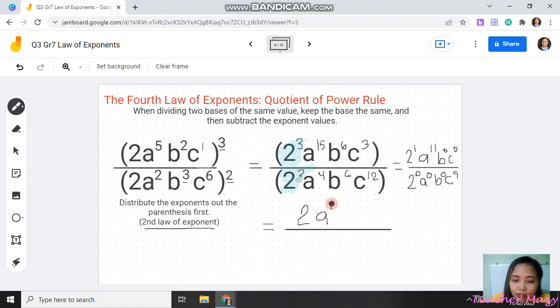So, ang natira is 2 raised to 1. Since 1 na ang kanyang exponent, wag na natin isama. And for A raised to 11, and 0 na yung B and C. So, dito naman sa denominator, yung 2 is raised to 0, A is raised to 0, B is raised to 0. So, C na lang yung natira. So, that is C raised to 9. So, that is the final answer for this given.